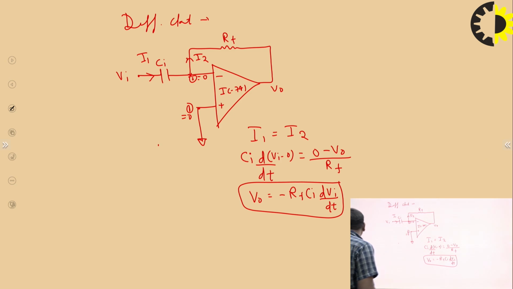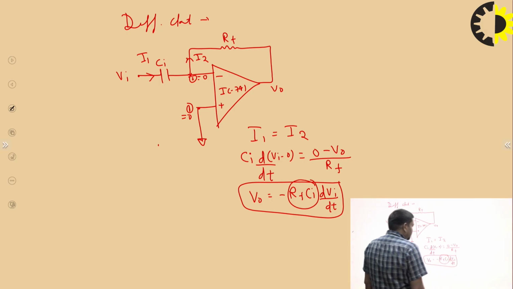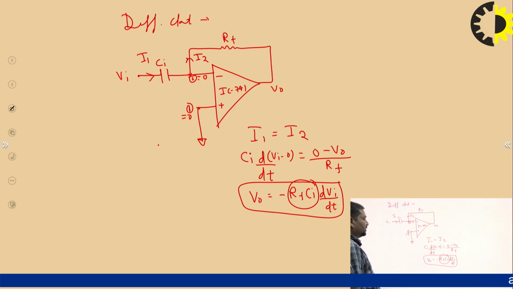This is the relation between output and input, where the output depends totally on the differentiation of the input signal with a gain of RF into Ci. Such a circuit is called a differentiator circuit, or we can say the op-amp works as a differentiator amplifier.